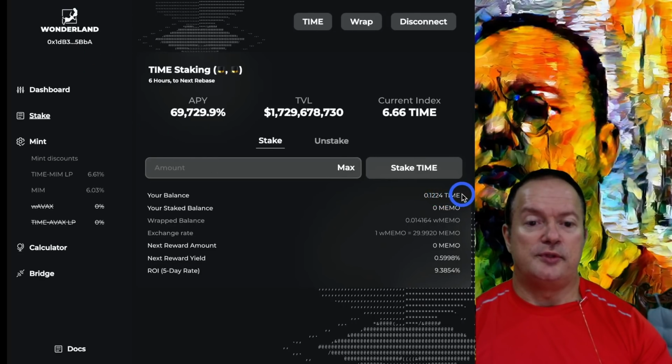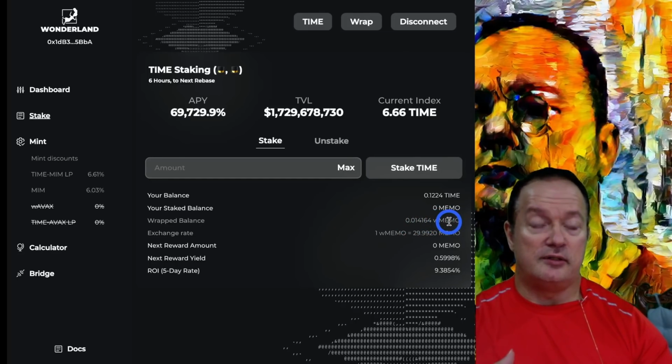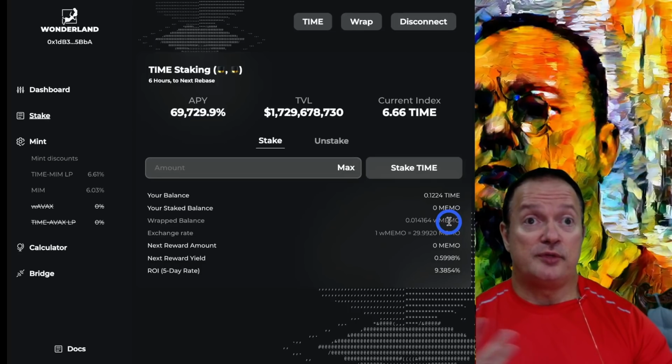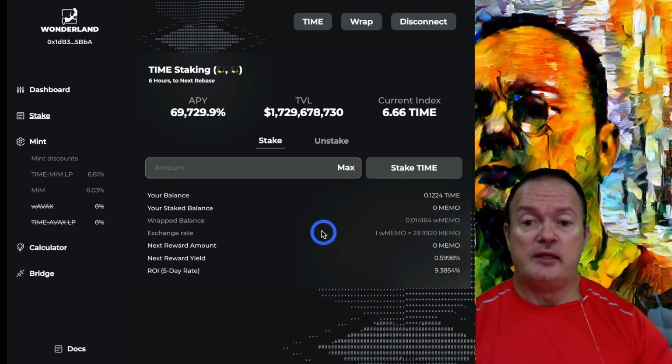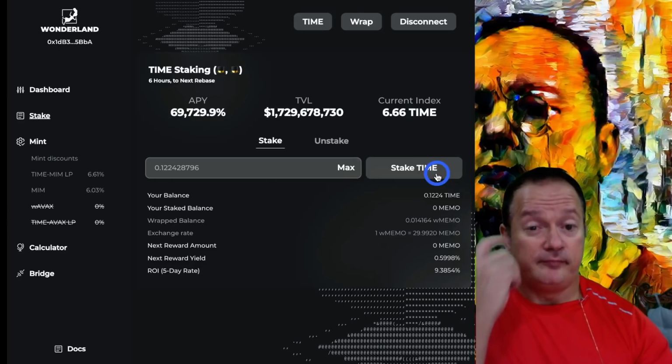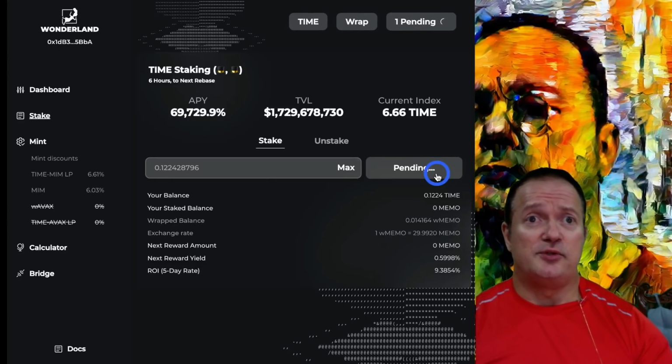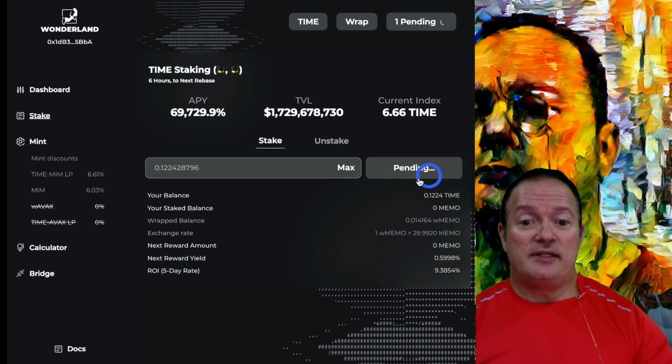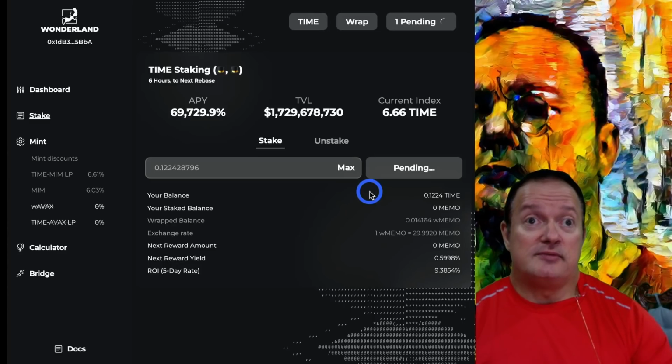So 0.1124 TIME. That's normal. I already have a tiny bit of wrapped MEMO here, so might as well wrap everything and use it all on Pendle to try to maximize my earnings. Okay, so let's max this. We're going to stake our TIME to convert it into MEMO. And we confirm. Good thing on Avalanche, the gas is not too expensive because it's a lot of little transactions. But if we're going to earn 30,000% extra for the next 2 months, why not?